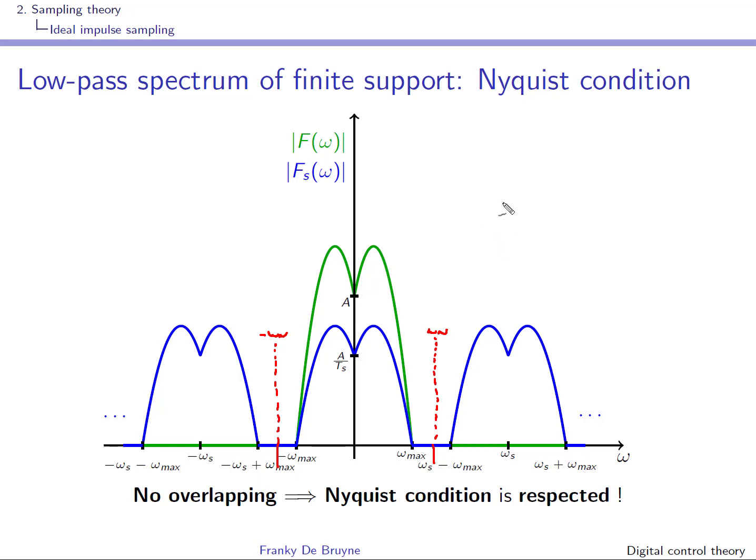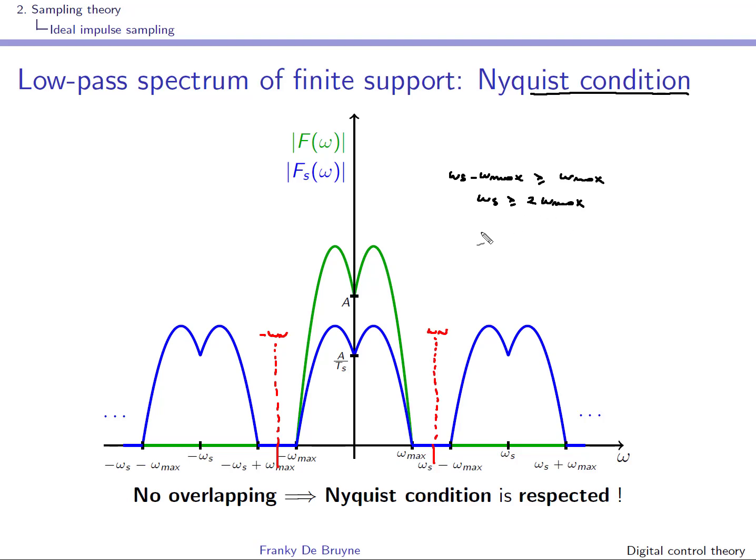So the Nyquist condition comes from the fact that this point over here, omega s minus omega max, must be larger or equal than omega max. So omega s is larger or equal to 2 times omega max.